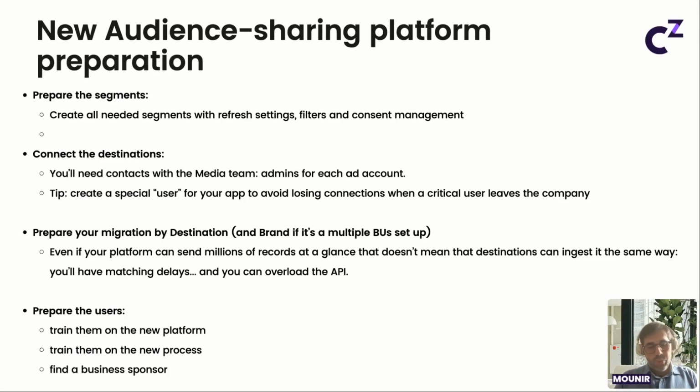So you have to create a little roadmap and just send one after another, and also the refresh will be much faster because it will work only on the delta. So the refresh will work better. But the first thing is, there's no point in shooting everything at once. So you have to prepare this migration by destination and by brand and try to leverage these delays, the matching delays.